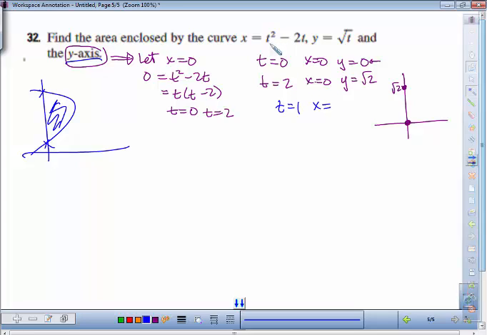Is it positive or negative? Negative. Negative what? Negative 1. And y should be a number between 0 and the square root of 2, I hope. y is also equal to 1 in this case. So we got negative 1 for x and positive 1 for y. So it looks like our graph does go on the negative side.